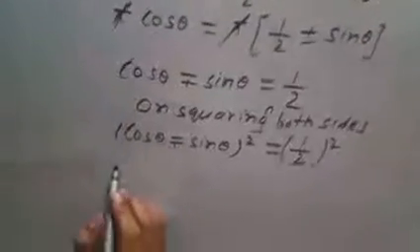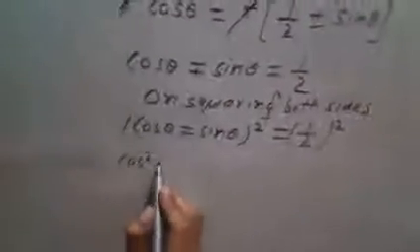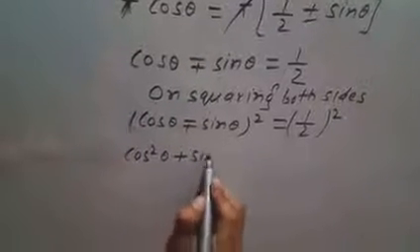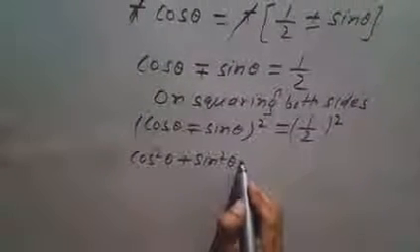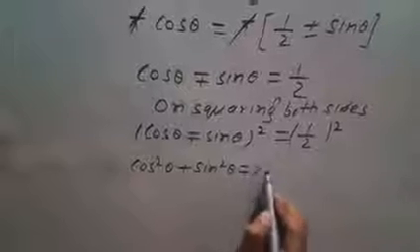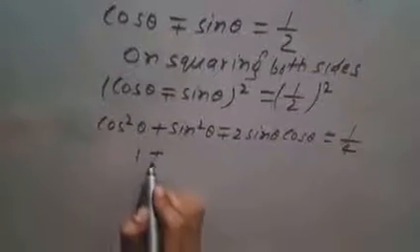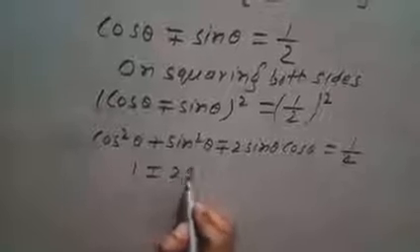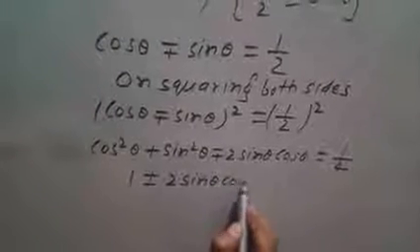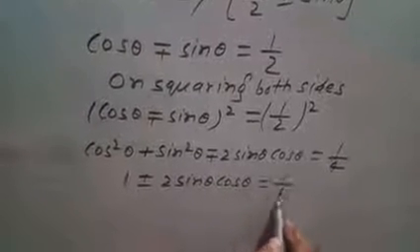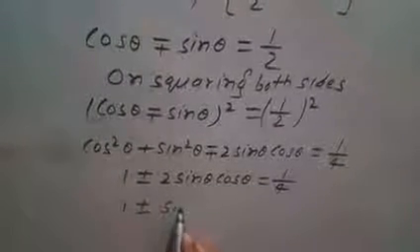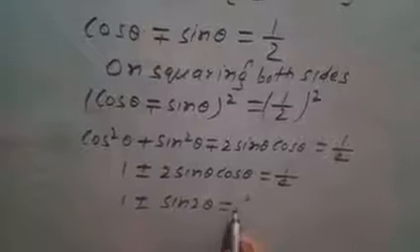Here we can open: cos square theta plus sin square theta minus plus 2 sin theta cos theta is 1 by 4. Here we know that cos square theta plus sin square theta is 1, so 1 minus plus 2 sin theta cos theta is equal to 1 by 4. We know that 2 sin theta cos theta is sin 2 theta.